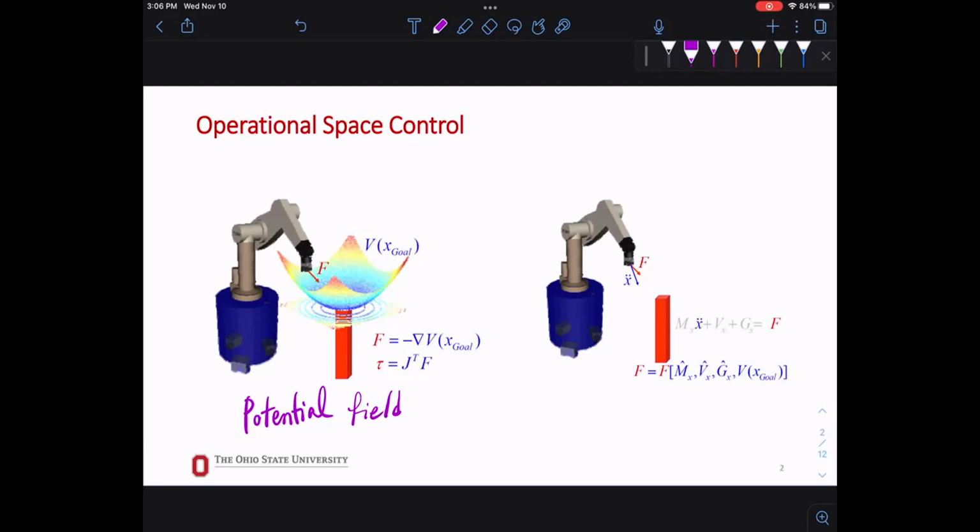The other method is using the dynamic equations that we developed and inverse kinematics, because inverse kinematics tells you, if you have the position of your robot, how the joints are arranged. So you can control every time with respect to the position of the robot.